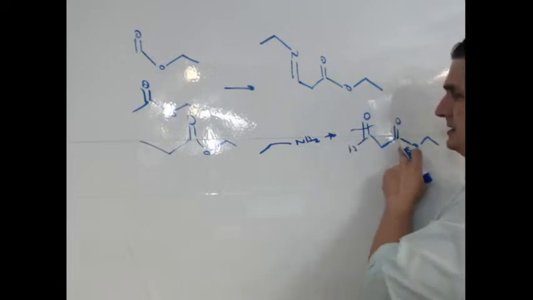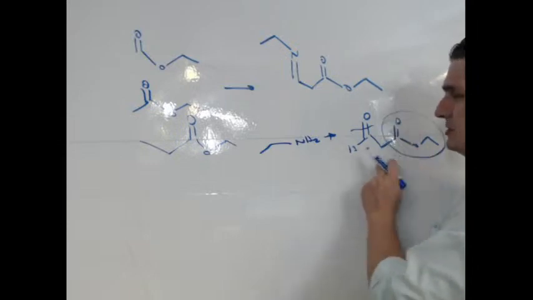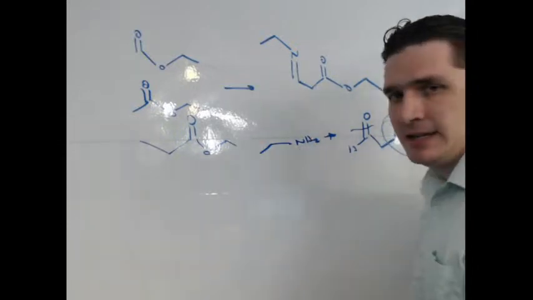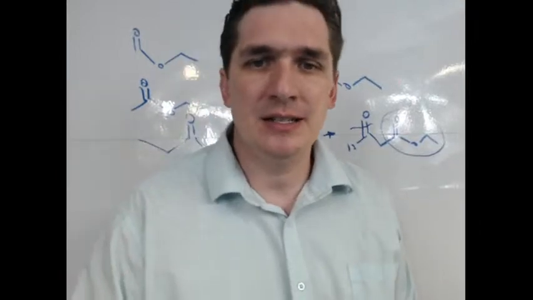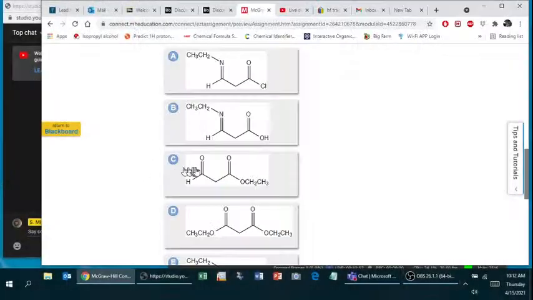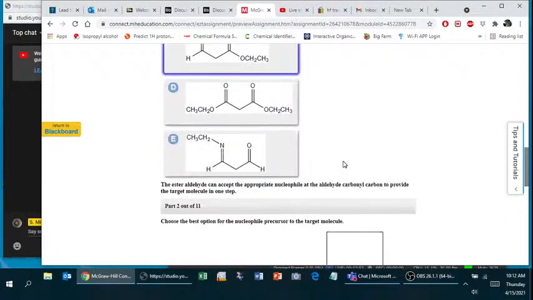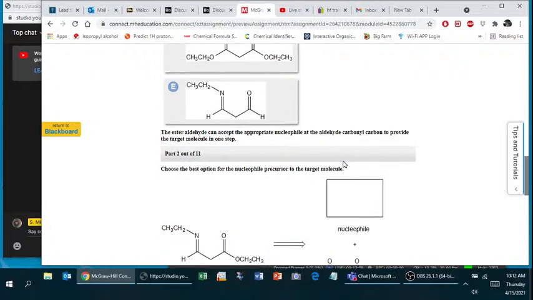Now, this is more stable than the amine, so their ester here is a lot more stable than this. So if I had to guess, I would say the starting one here is actually C, the aldehyde, but we'll see if I'm right. So we pick the aldehyde. Tells me I'm correct.